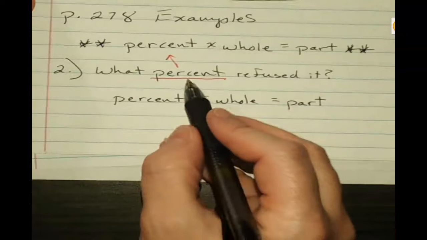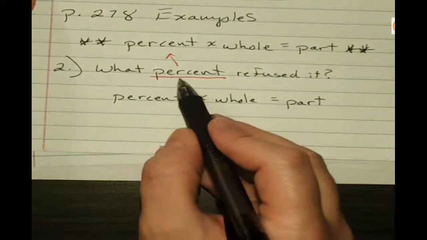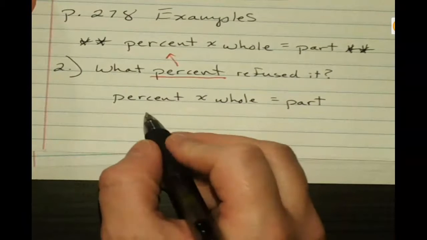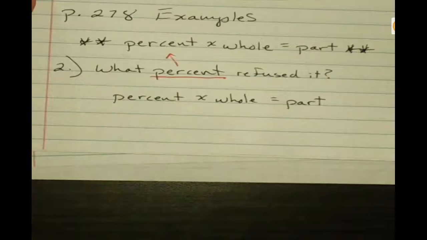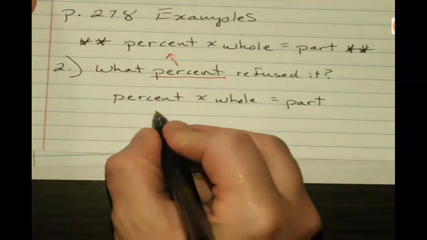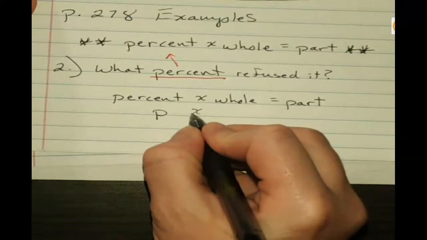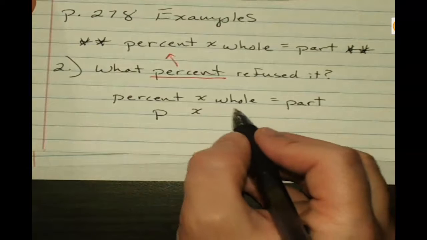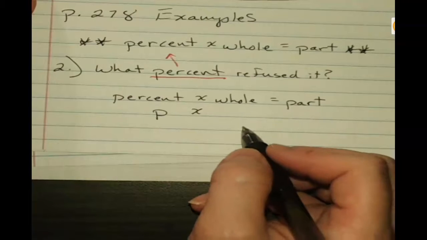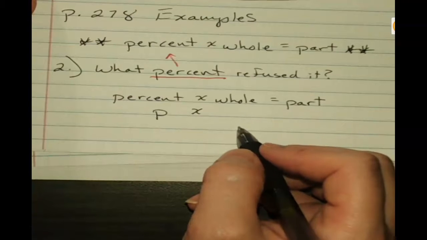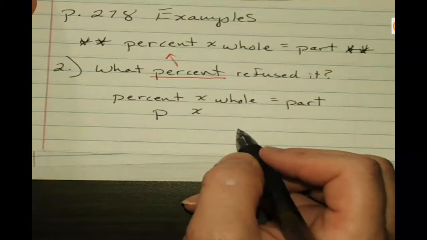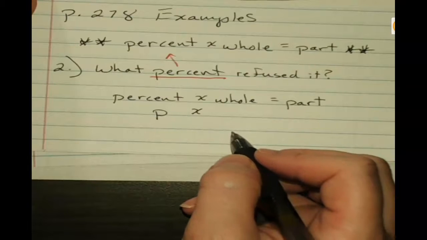We know right now we don't know the percent, so I'll call that P. Times. Okay, so now we've got to figure out what's the whole and the part in there. So look, only 35 out of 250.